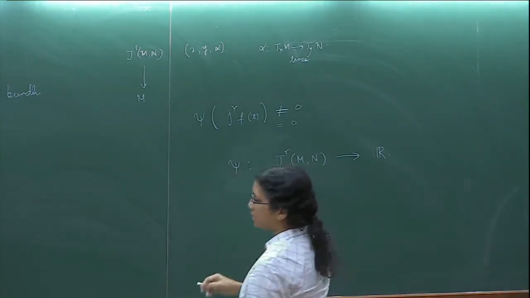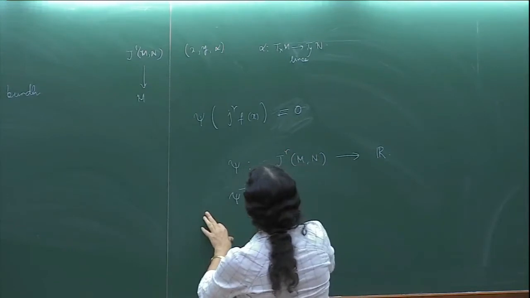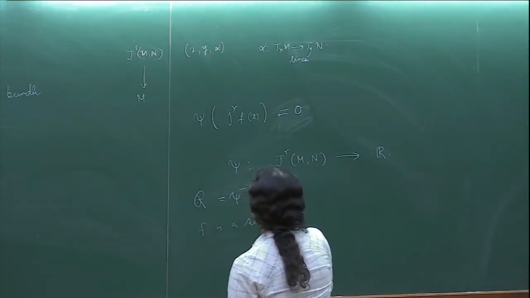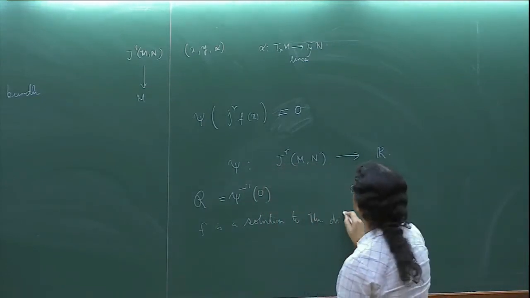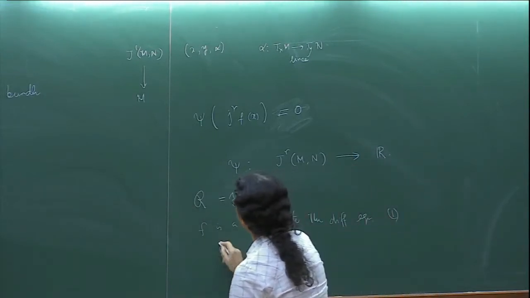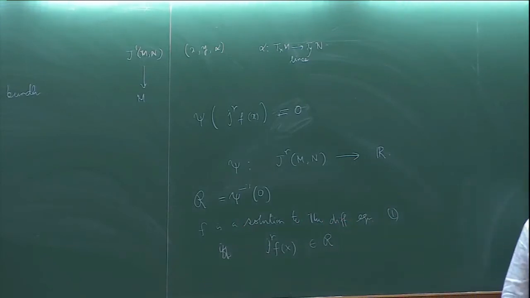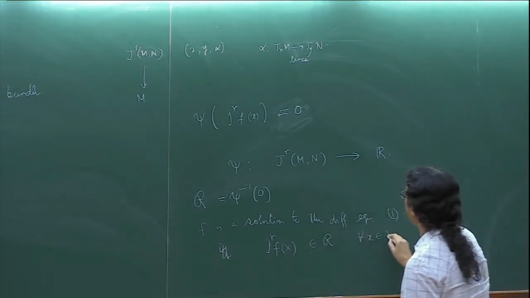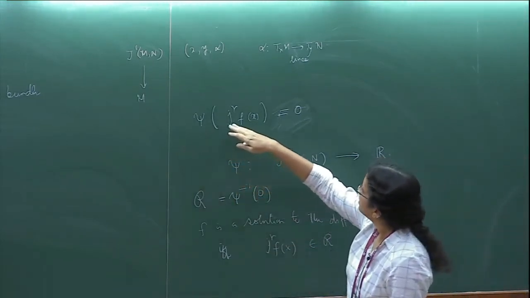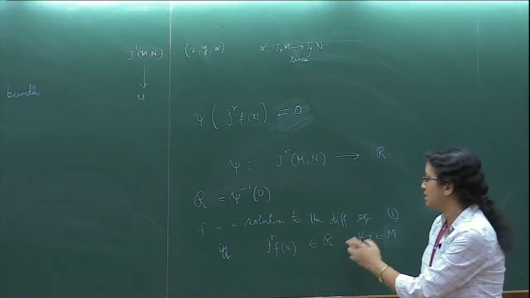Okay? Suppose I consider this equation, and I denote this set by R. Then I write: f is a solution to the differential equation, let us call this equation 1, if and only if its r-jet at each point belongs to this R. This is true for all x in M. That means psi, which was the relation between your derivatives, is captured by means of a certain subset in the jet bundle.